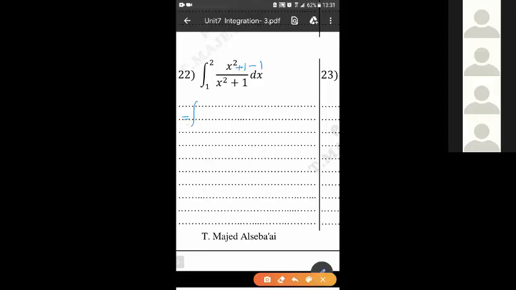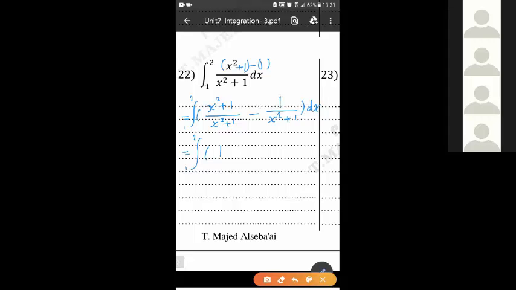I will say integration from 1 to 2 of x squared plus 1 minus 1 over x squared plus 1. Now I will take this alone and this alone. From 1 to 2. Okay, x squared plus 1 over x squared plus 1 is 1.